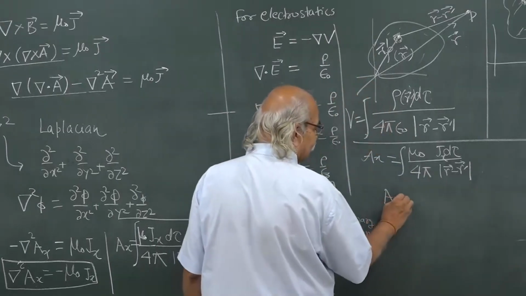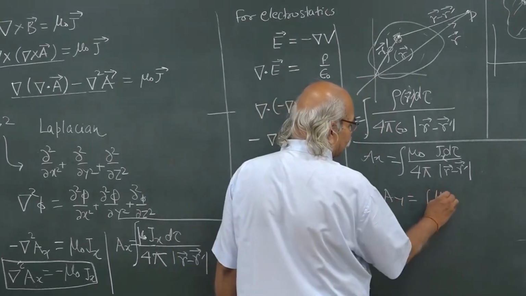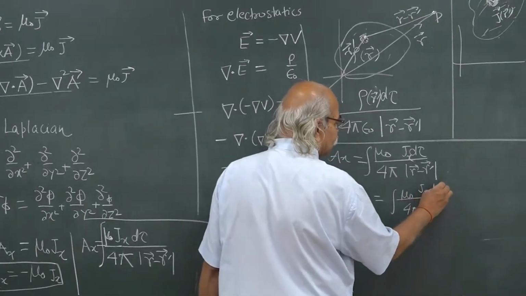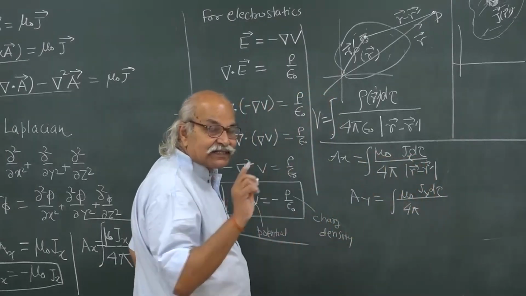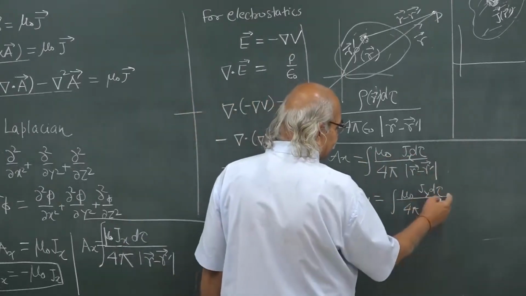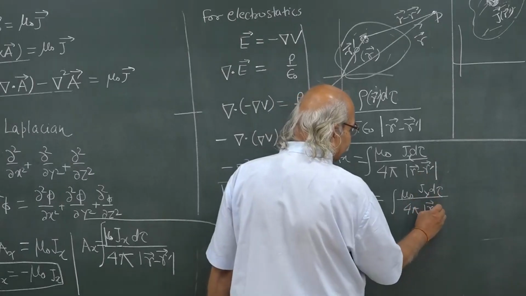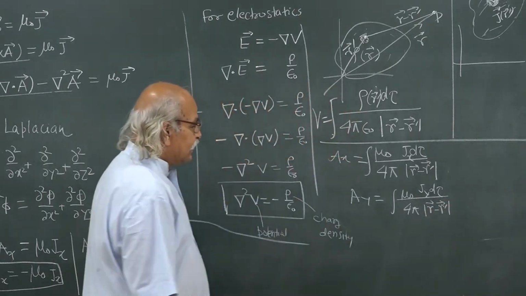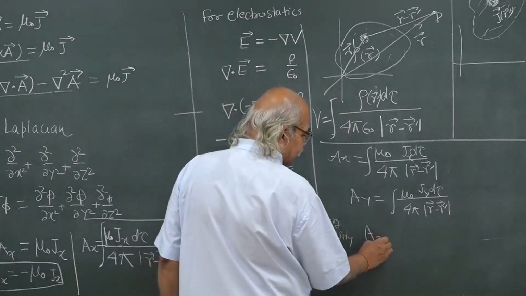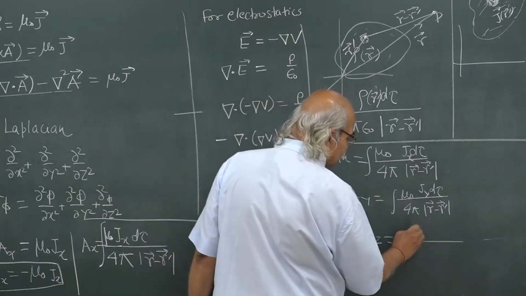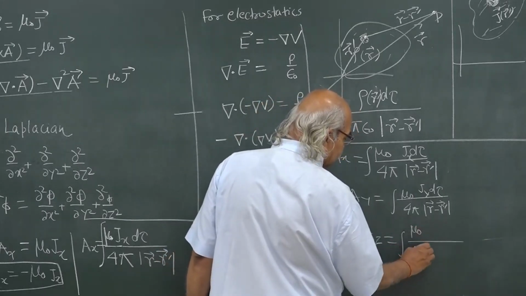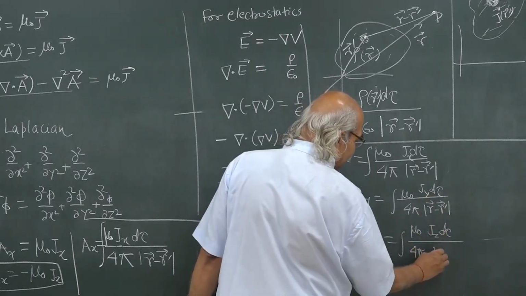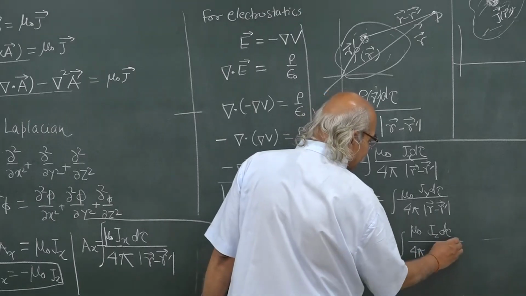A y will be the integration of mu naught by 4 pi j y d tau, divided by r minus r prime. Current density itself is a vector, remember. And A z will be the integration of mu naught by 4 pi j z d tau, divided by r minus r prime.